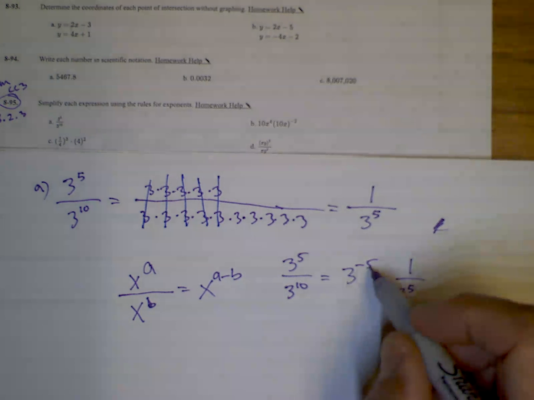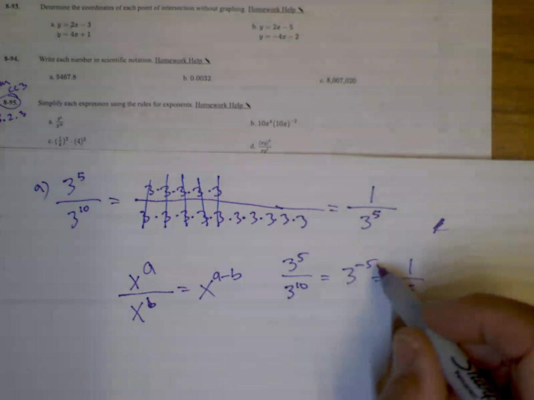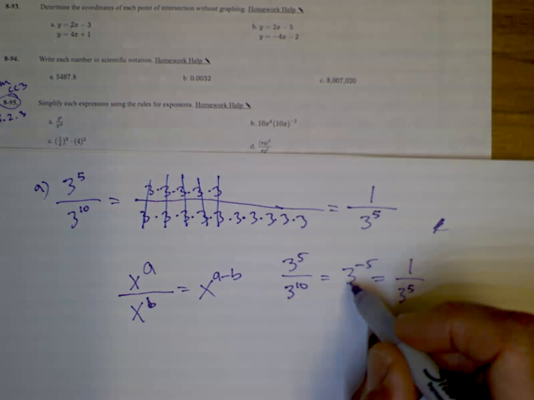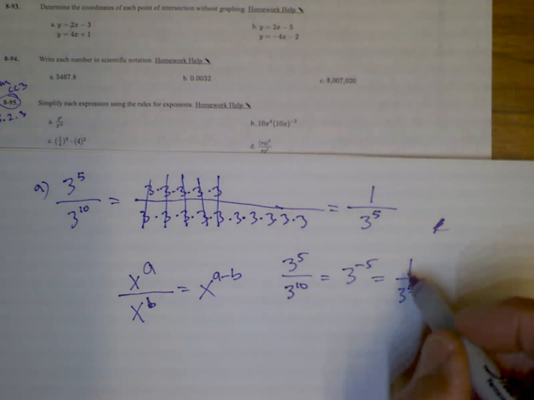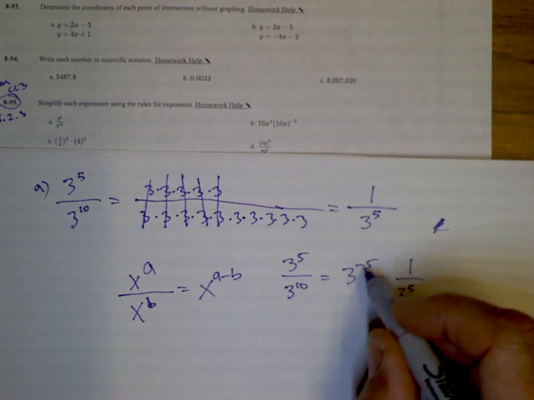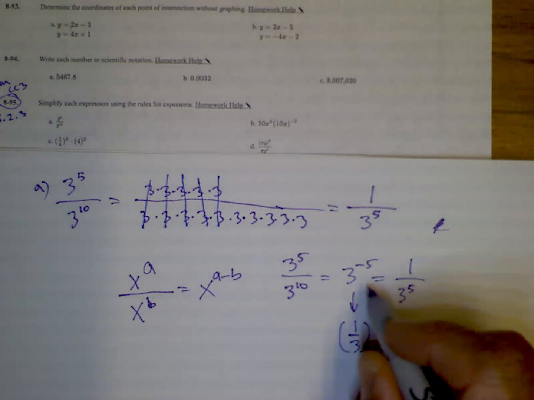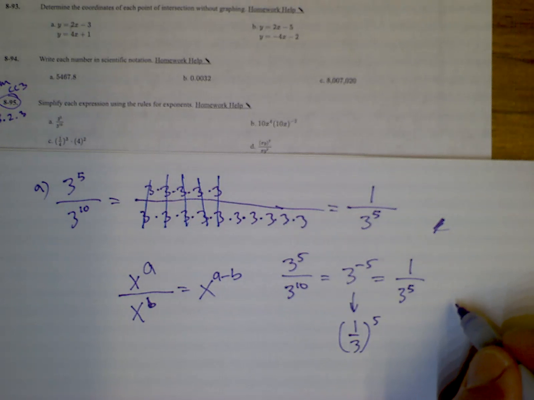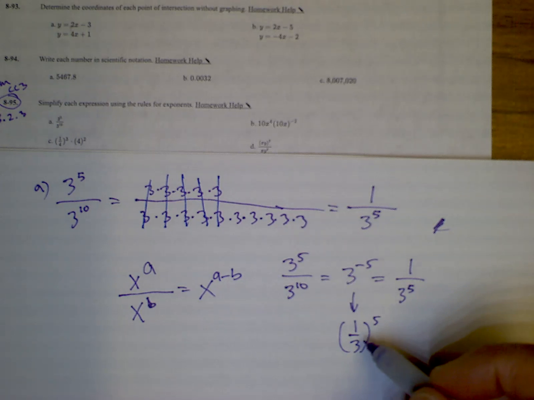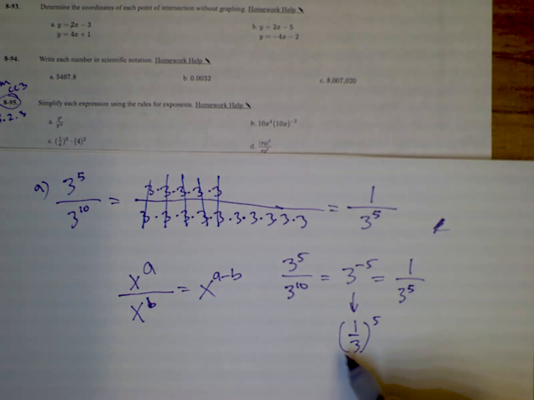It makes the number smaller: instead of multiplying by 3, you multiply by 1/3. Another way of looking at it is 3 to the negative 5 is 1/3 to the positive 5. So 1/3 times 1/3 times 1/3, 5 times, gives you 1 over 3 to the 5th. That's another way of looking at it.